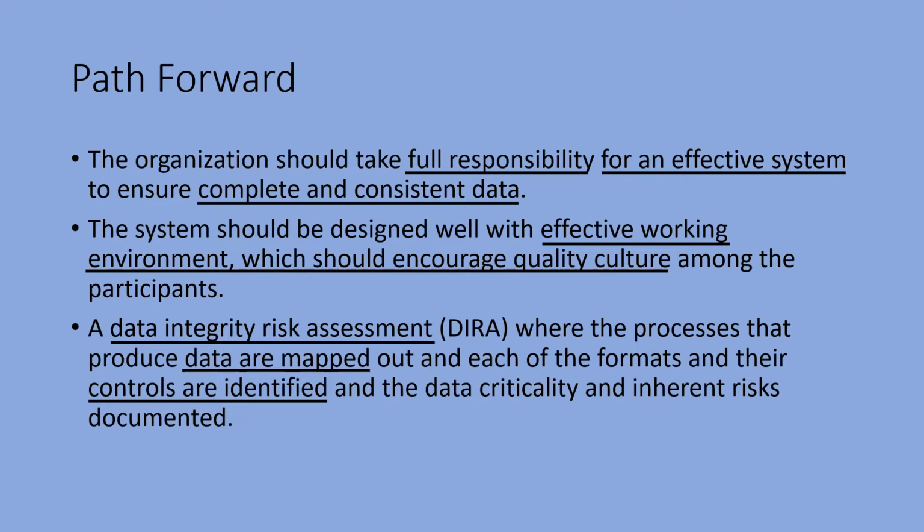Mapping of data means how each data generation point is identified and the risk involved identified. Then it should be linked to several controls, either manual or electronic or both. The risk assessment should consider the inherent criticality of the data as the prime focus.